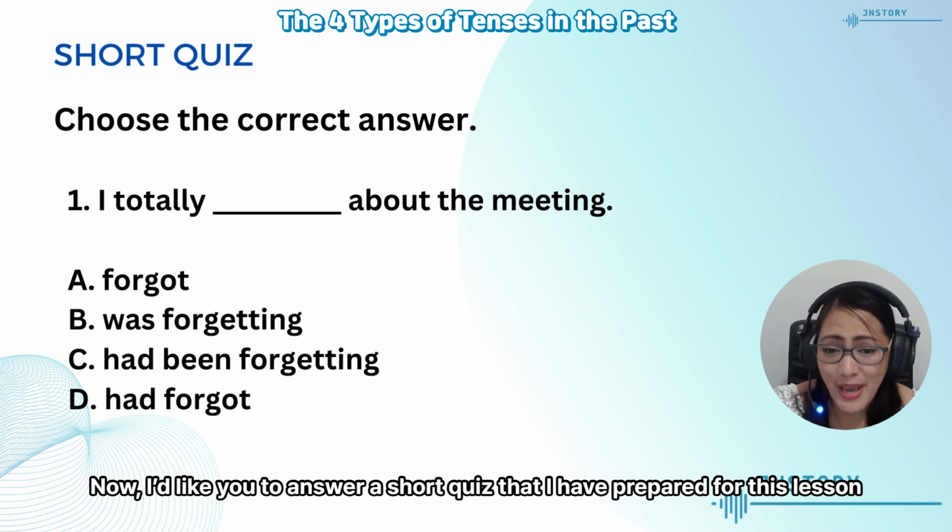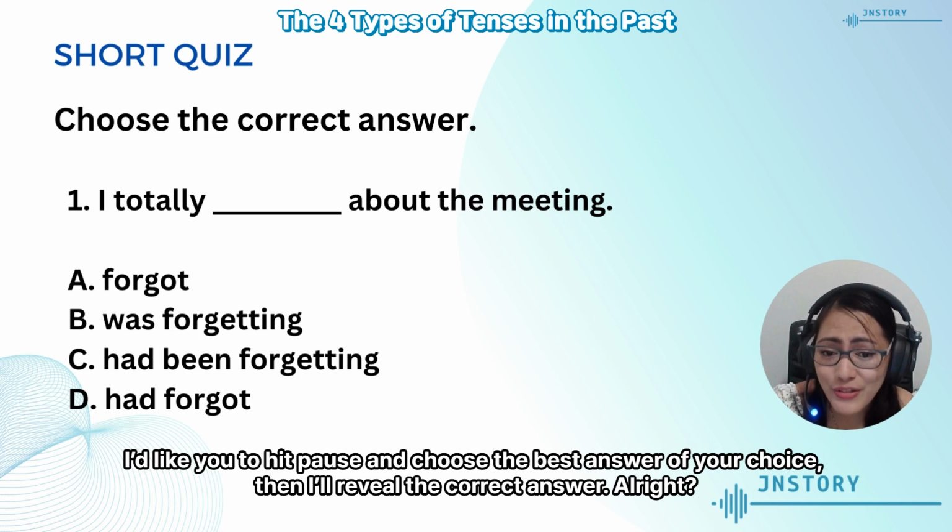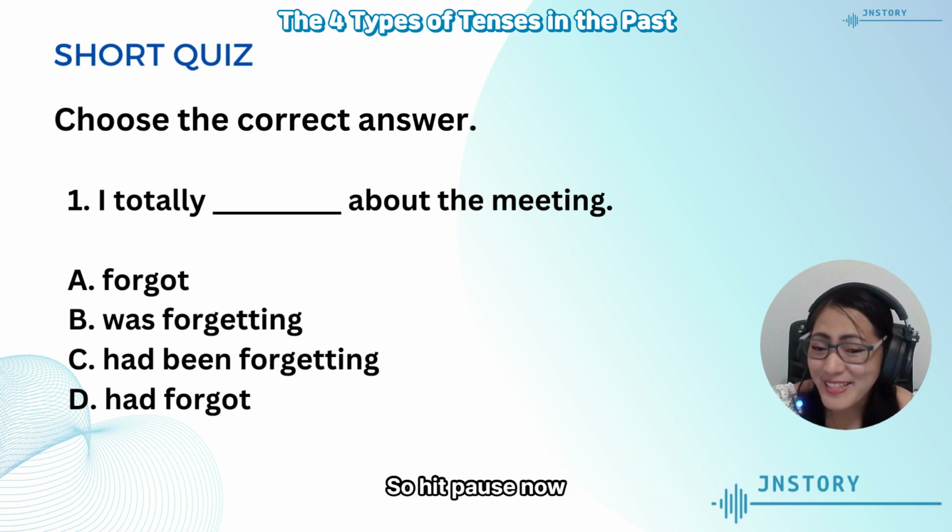Now, I'd like you to answer a short quiz that I have prepared for this lesson. So here's the short quiz for the tenses in the past. I'd like you to hit pause and choose the best answer of your choice. Then I reveal the correct answer, alright? So hit pause now.